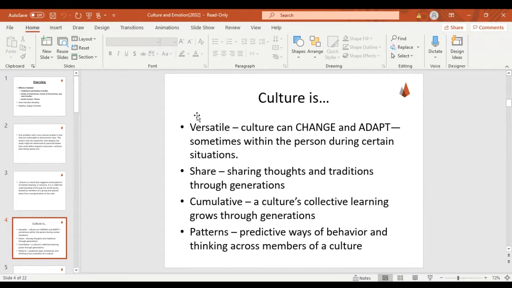So culture is versatile, something that you might not claim is true, but it is. It can change and adapt, and sometimes within the person during certain situations. So culture lives in all of us. It's kind of why we do the things we do, the kind of the nurturing part of our life.